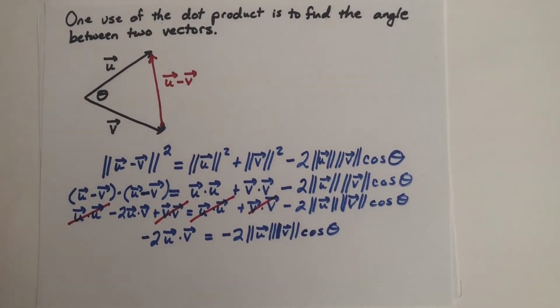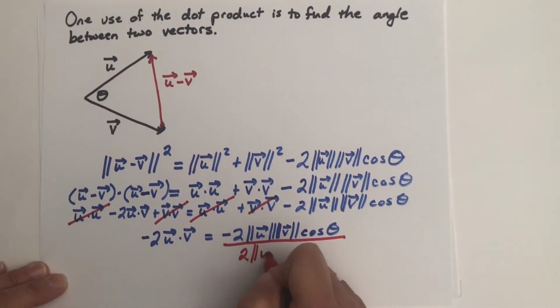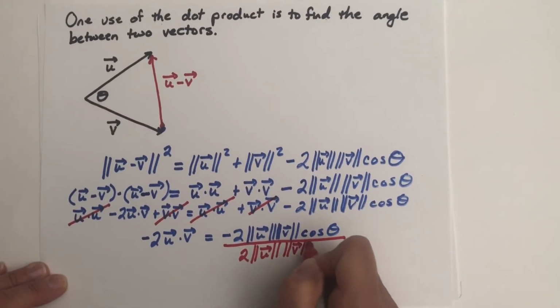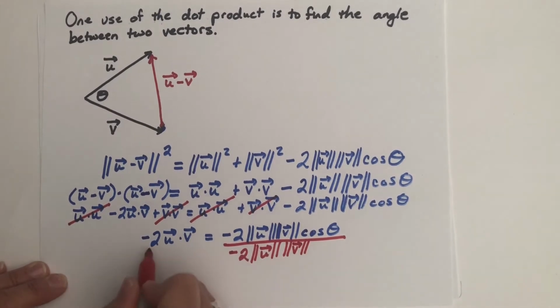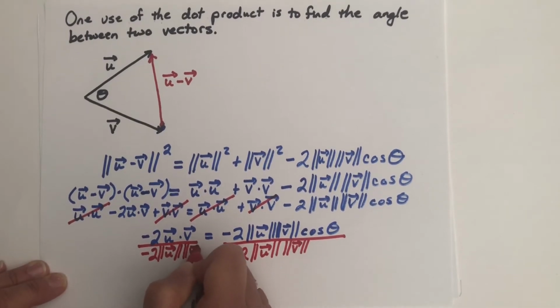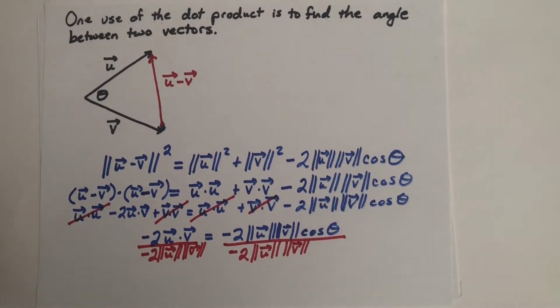And let's divide. We'll divide by negative 2 times the magnitude of u times the magnitude of v on this side, and by negative 2 times the magnitude of u times the magnitude of v on the other side. And we're to the end right here. Here's our big grand conclusion.